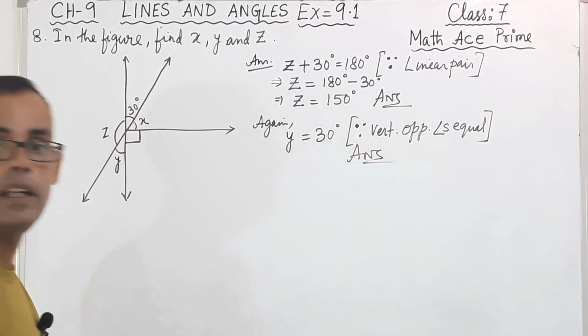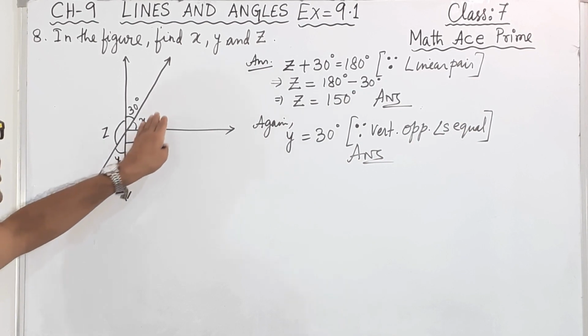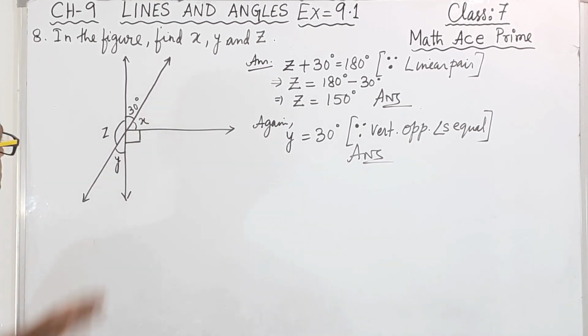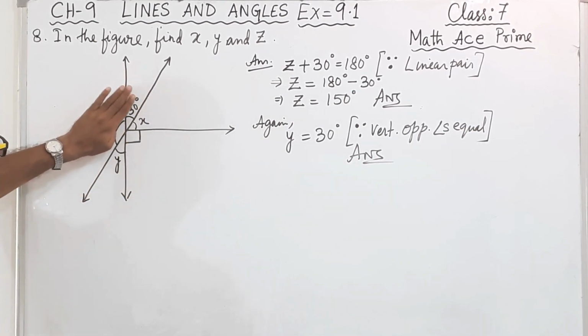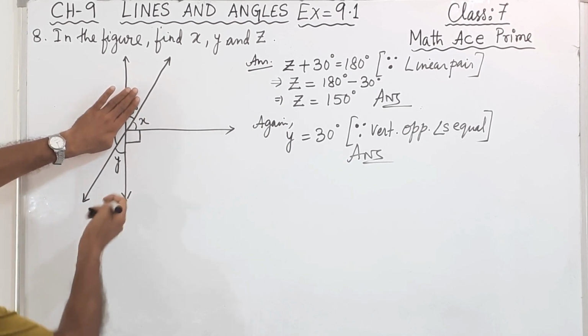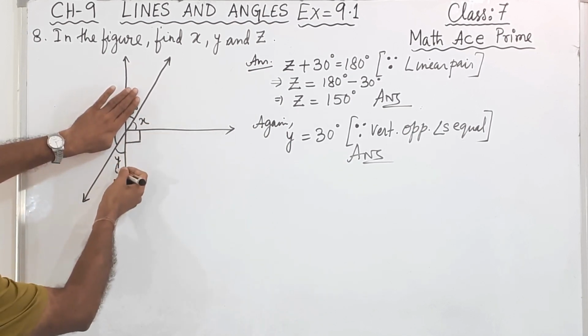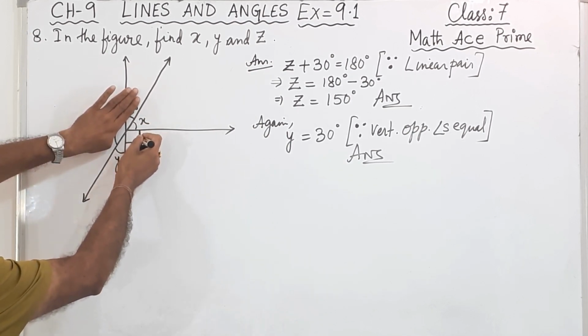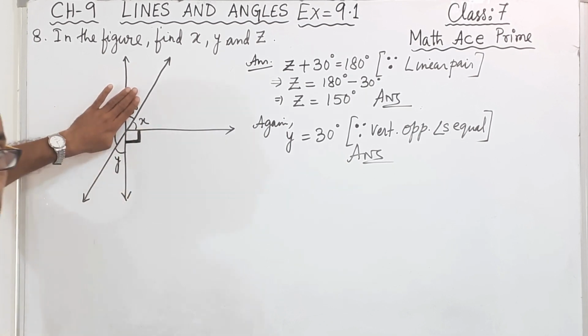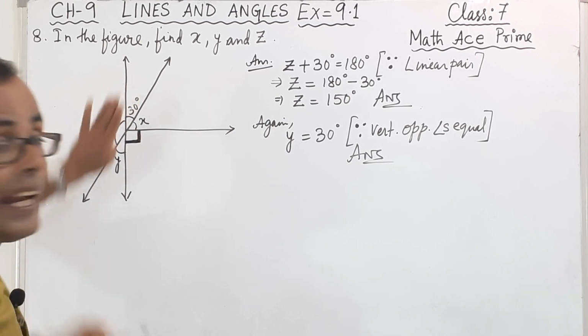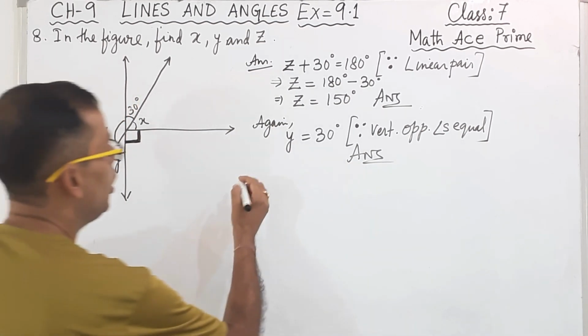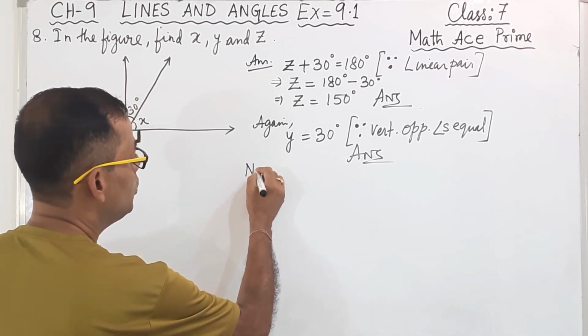Got it? Now I will find out angle x. So to find out angle x, I will cover this one. So what you can see is x, you can see y, and you can see here one box. So what is the meaning of this box? This box means it is 90 degree. Clear or no? So I am making another paragraph.